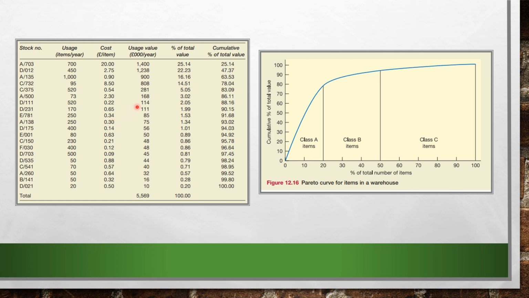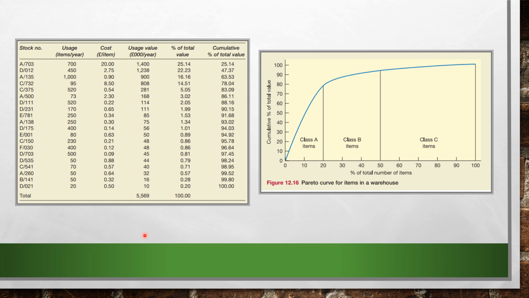The wholesaler ranked the stock items by their usage value. So this is the ranking of the usage value per year. The total usage value amounts to 5,569,000.